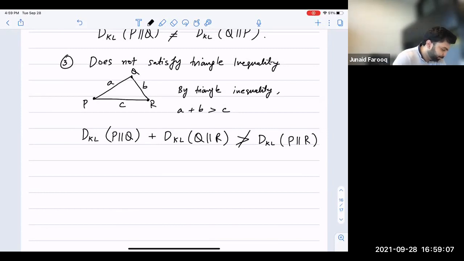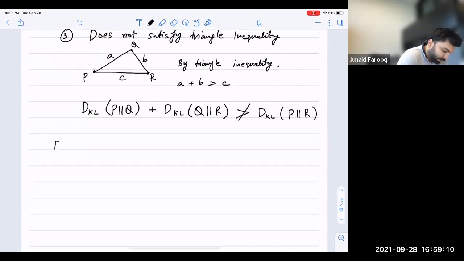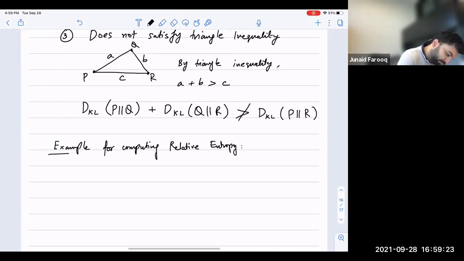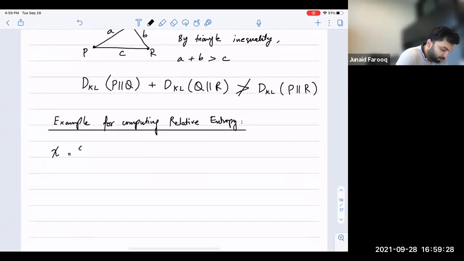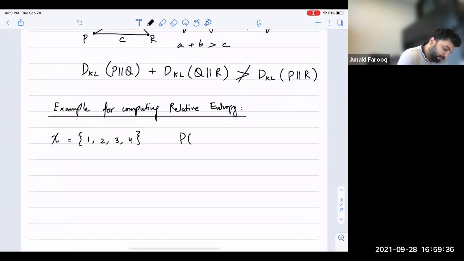So for example, let's take an example for computing this. Let's say the X values are 1, 2, 3, and 4. And P of X, which is one distribution, says that for all X, they are equiprobable.